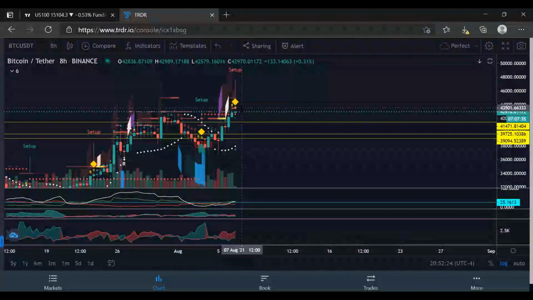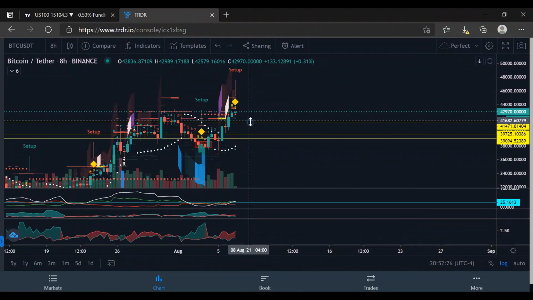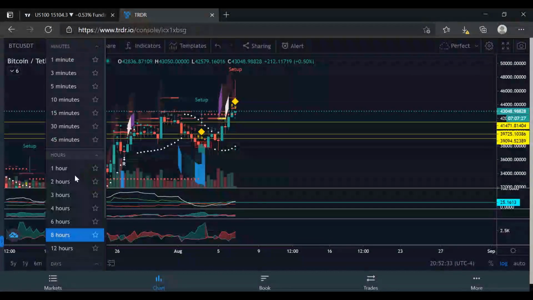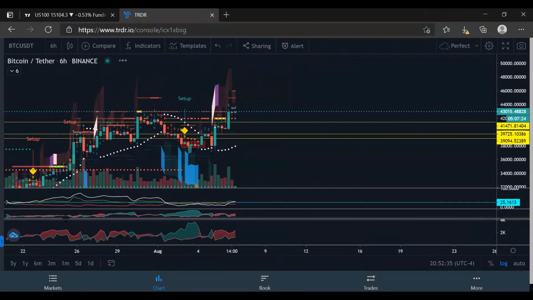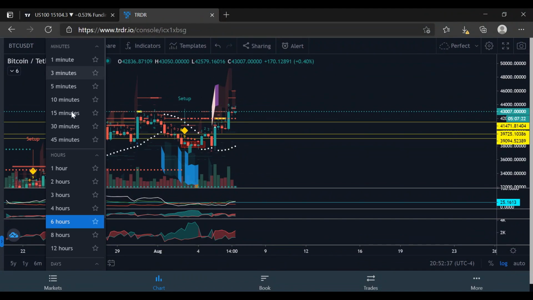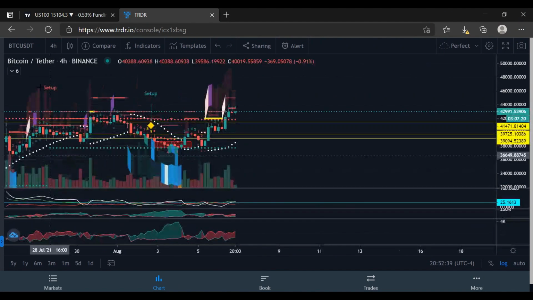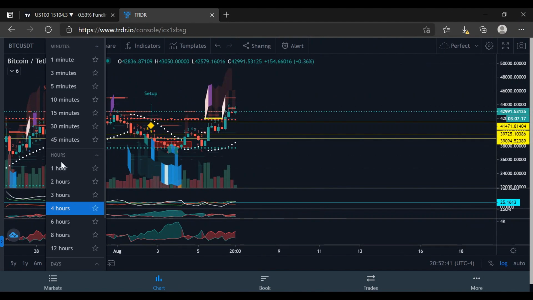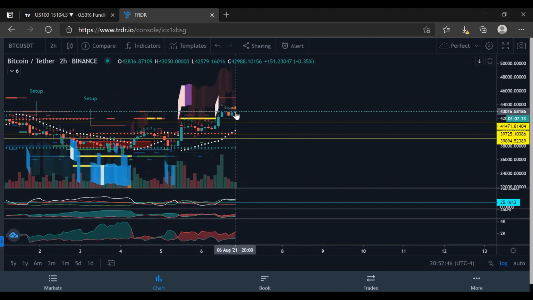Consolidation on the 8 hour. Down. Well, we'll see. 6 hour still says more up. 4 hour still has more up. So you're waiting for the hourly and 2 hour. Yep, 2 hours topping out here.